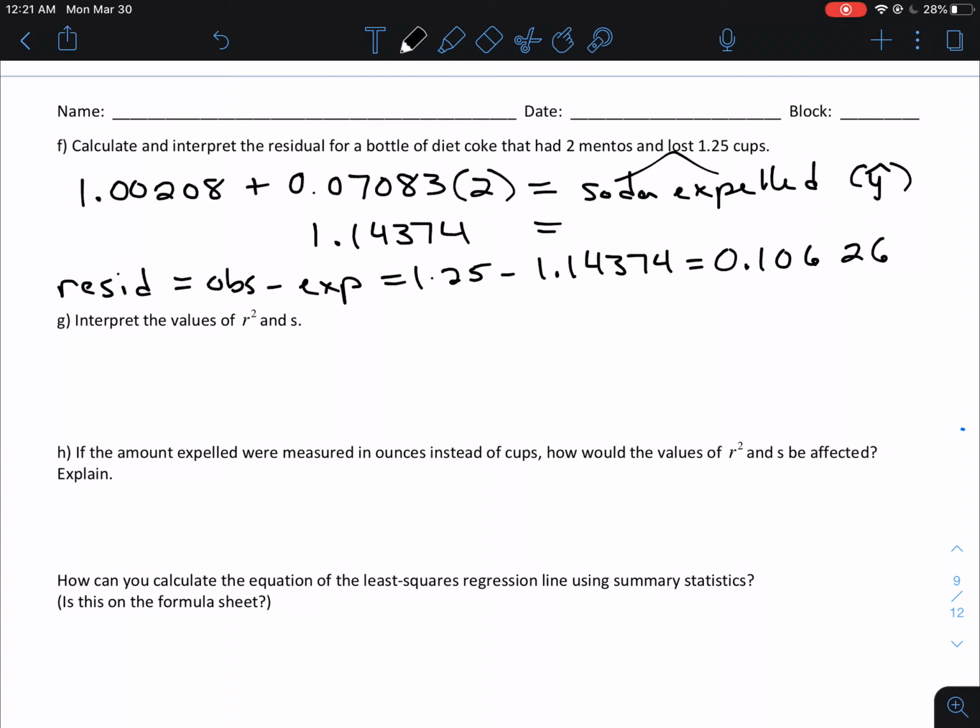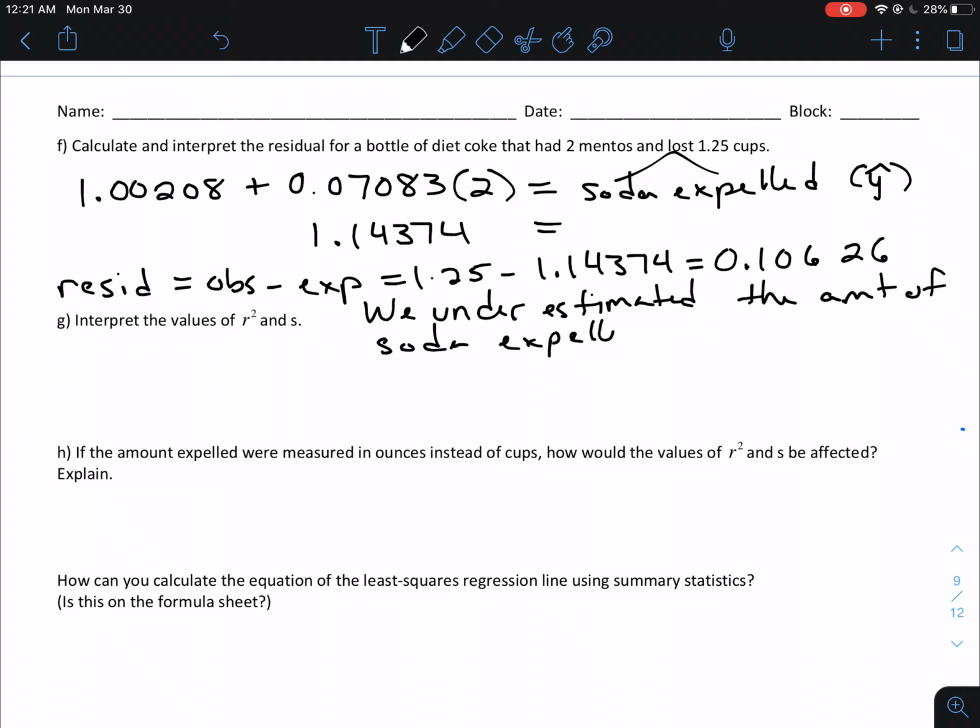And then remember, since that is a positive value, we're going to say that we underestimated the amount of soda that was expelled by 0.10626 cups.